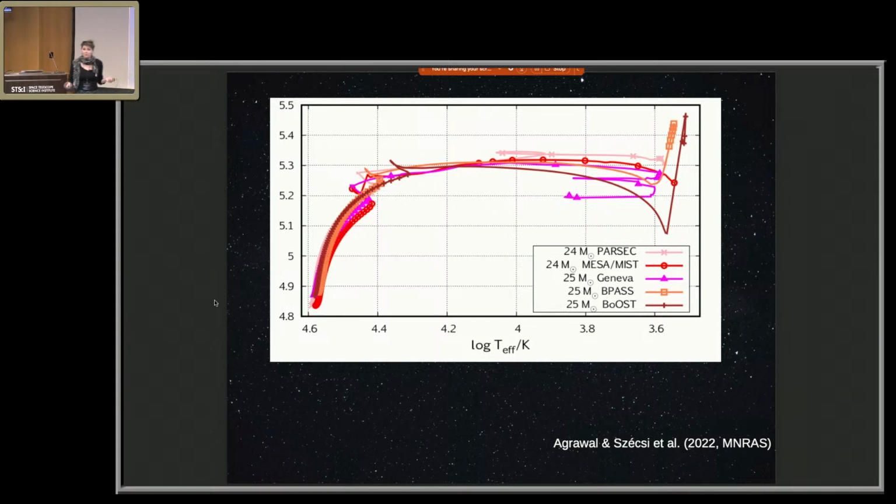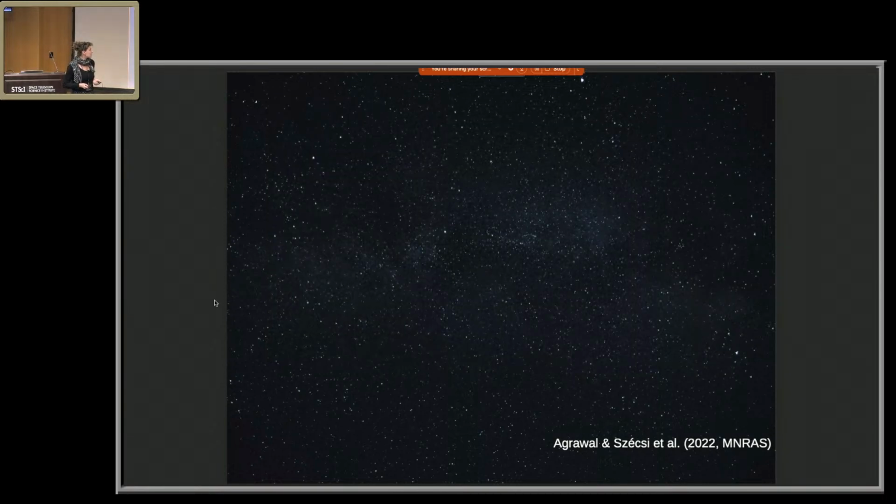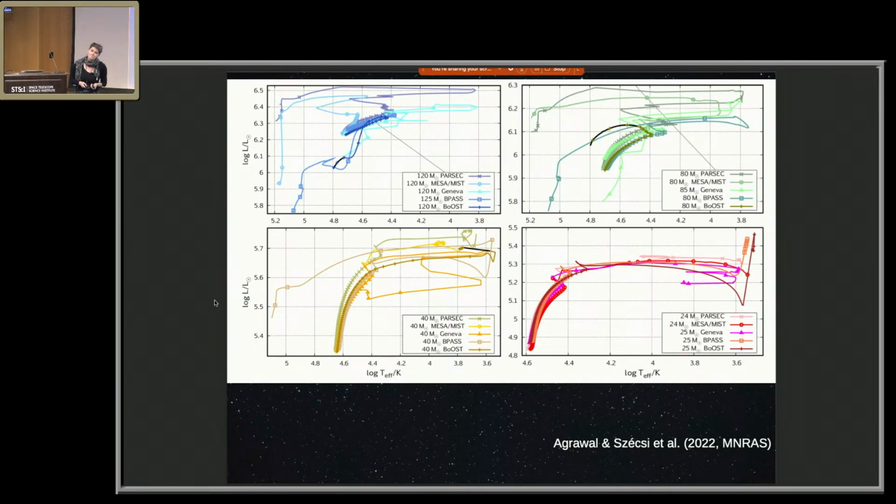So there's no problem. What if we go to different masses, though? Because at 25 solar masses, I think we more or less understand stellar evolution, sure. But at 40 solar masses, the situation gets much, much muddier.